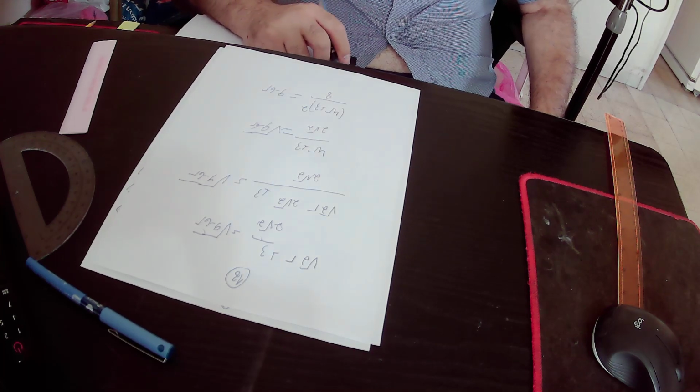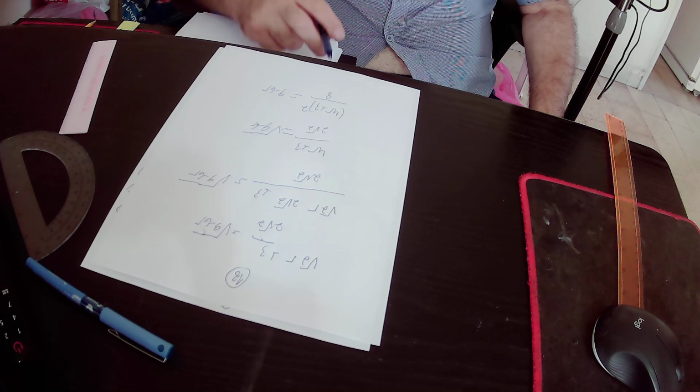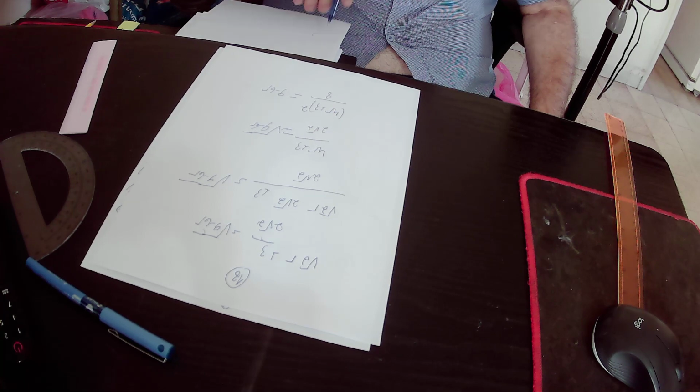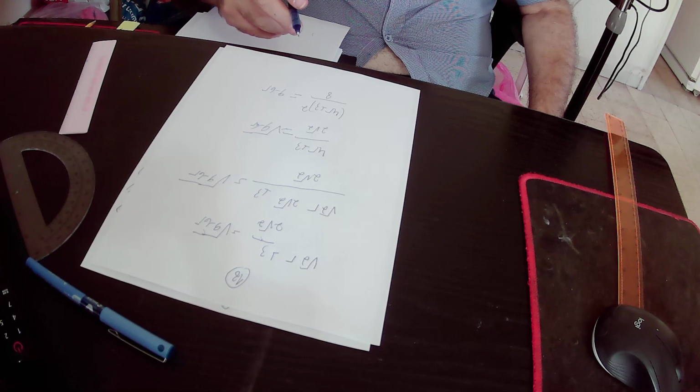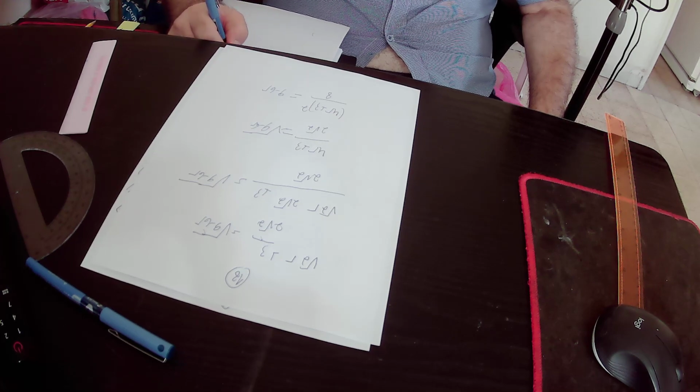So here we will multiply this equality by 8, and we will get that 8 times 9 minus 6R is 72 minus 48R, equals (4R plus 3) squared.